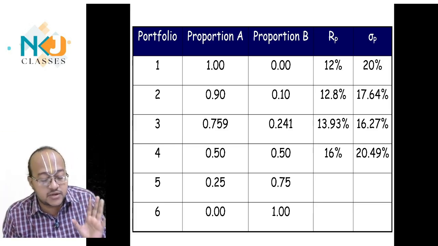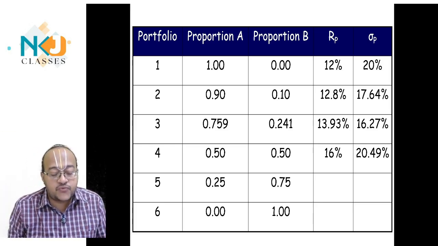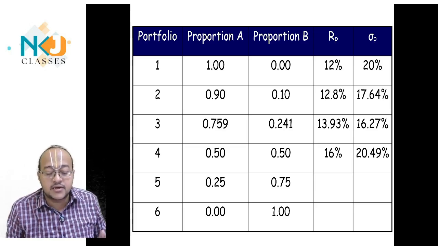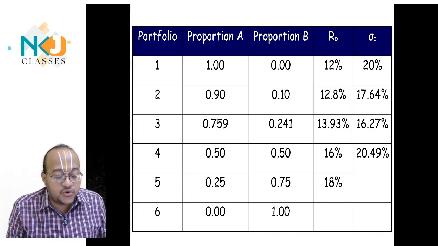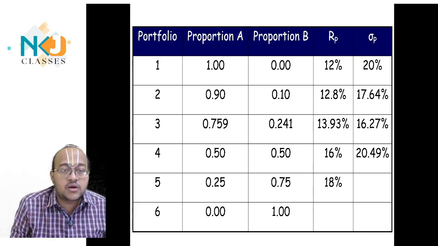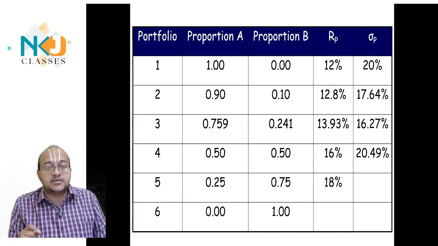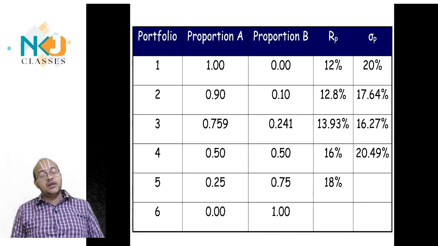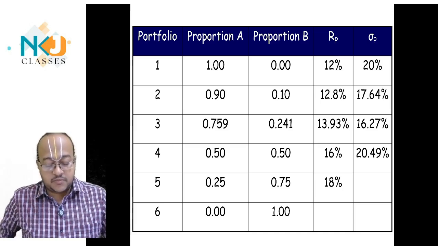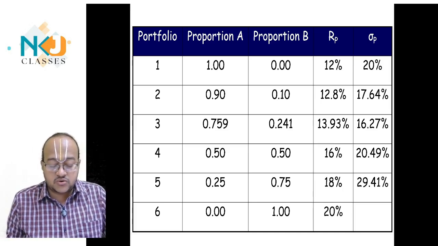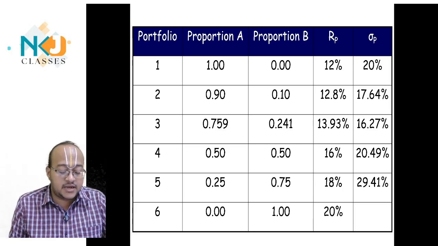Are you all understanding what is happening? Right. In portfolio 4, return is increasing, risk is also increasing. In portfolio 5, when we inject further, 75% of security B, it will increase the return to 18%. Return will increase, yes, but my risk will also keep on increasing.